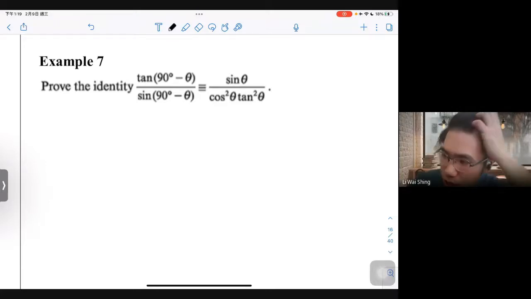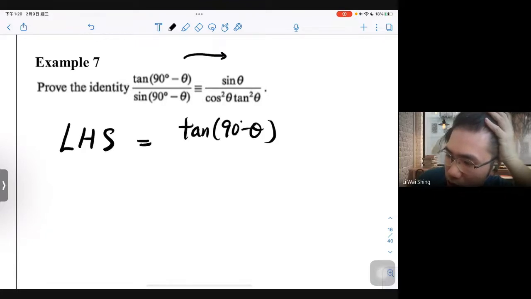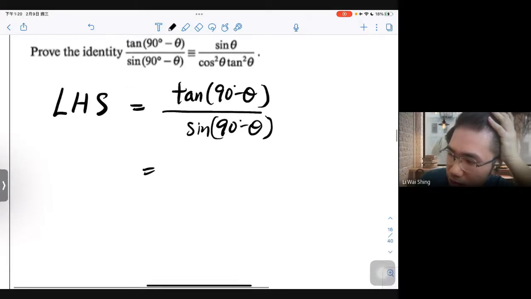Yes, you can do it from left hand side to right hand side. Remember, you want to show the left hand side first. So you just simplify it.